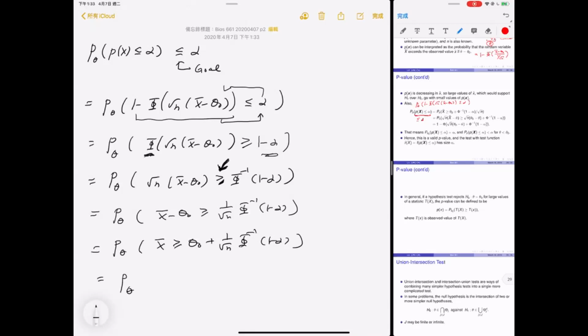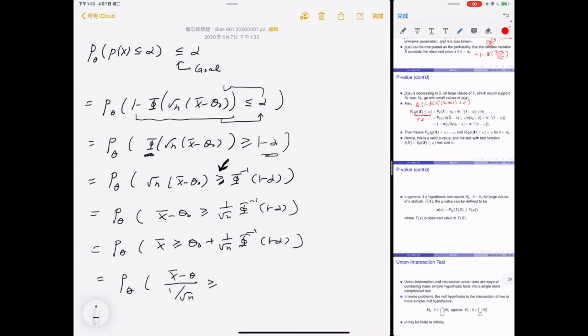Okay, again, I haven't put theta 0 in yet. It is a boundary, but I can actually evaluate it. I think it doesn't take too much of my time. So if you do that, you have x bar minus theta, then divided by 1 over square root n, creating a new z.